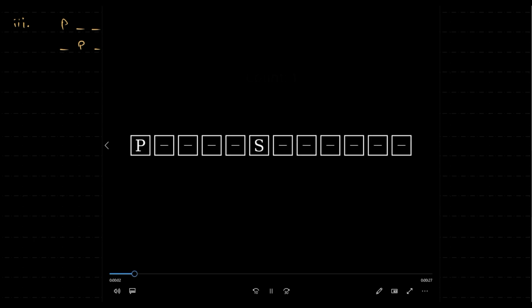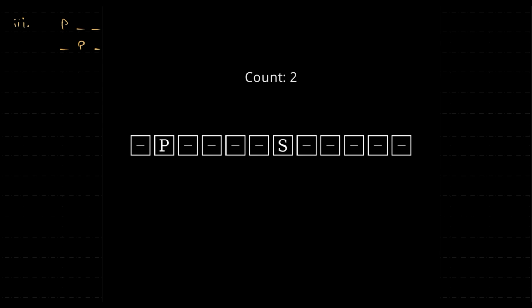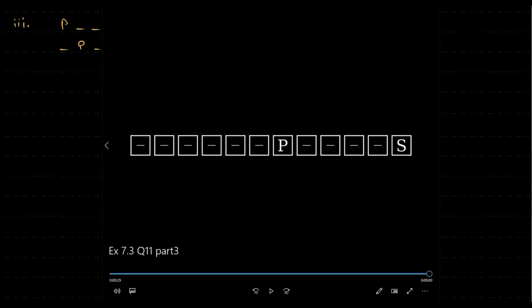So this is your variation. This is your count, one possibility. So I can do this. It's your second possibility. Third. Basically, there are 7 possibilities, is it not?